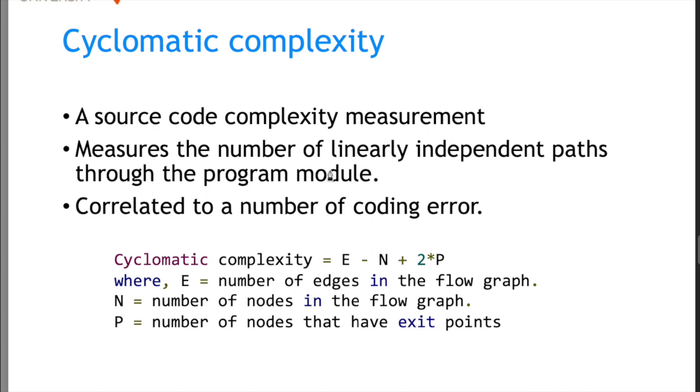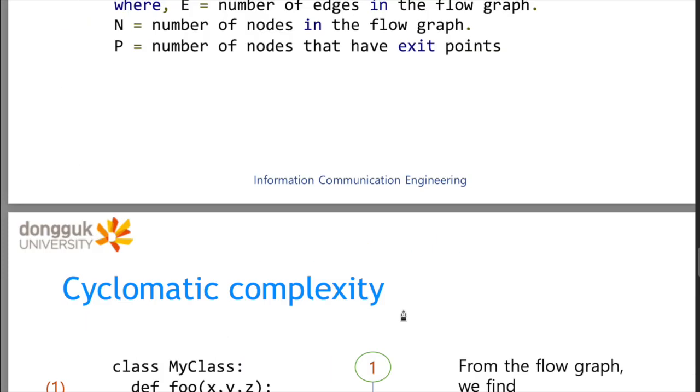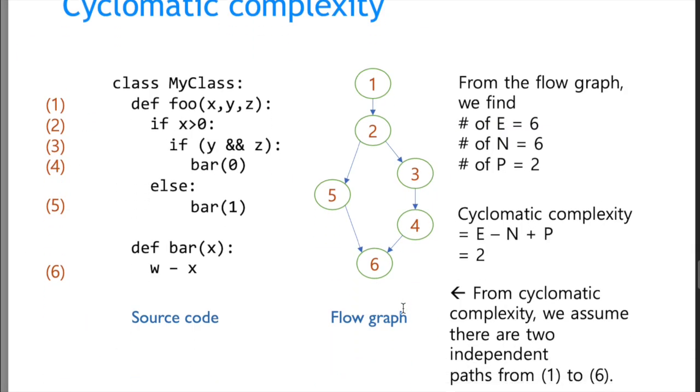To calculate cyclomatic complexity, we use the number of edges, the number of nodes, and the number of nodes that have an exit point. Here is an example. There is some source code, and there's an if statement.